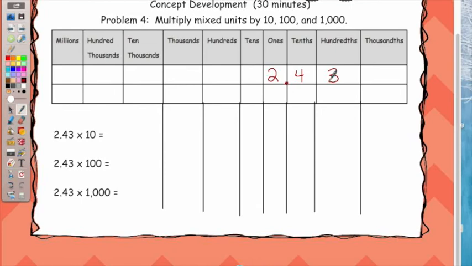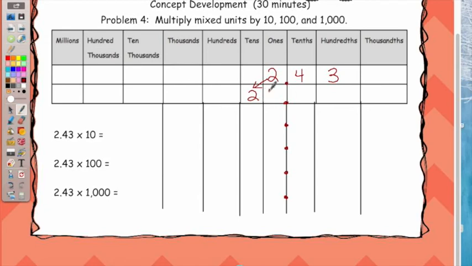It's not points. 2 and 43. Alexia? Very good. So 2 and 43 hundredths. Everybody say it with me. 2 and 43 hundredths. And if I multiply that by 10, how many place values across the place value chart is it going? 1. Good.